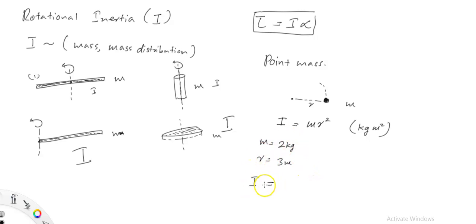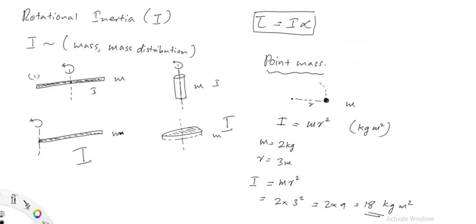So the moment of inertia, or rotational inertia, is mass times radius squared, 2 times 3 squared, so 2 times 9, which is 18 kilograms meters squared. Alright, so this is how you find rotational inertia of a simple point-like mass. Okay, so that's the simplest case. Now let's look at some more commonly found shapes or objects.